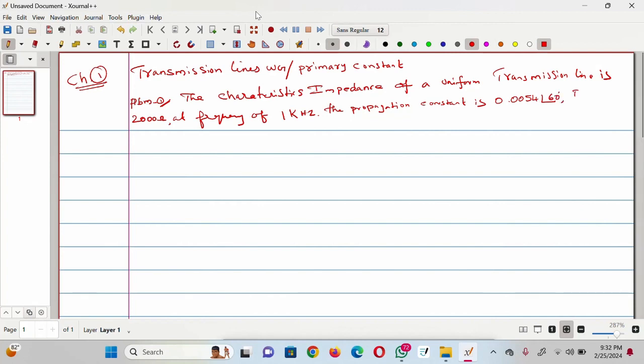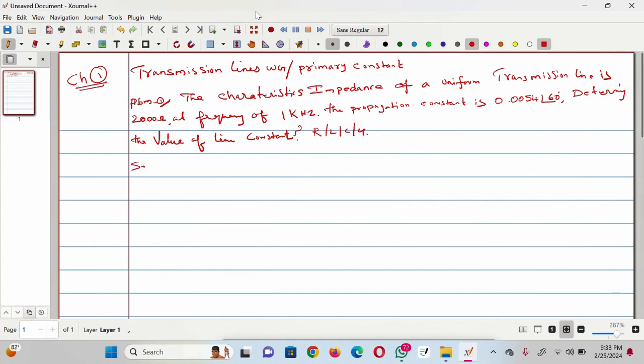So what is the final task? Determine the value of the line constants. So we need to identify the line constant parameters, which means we need to identify R, L, C and G.